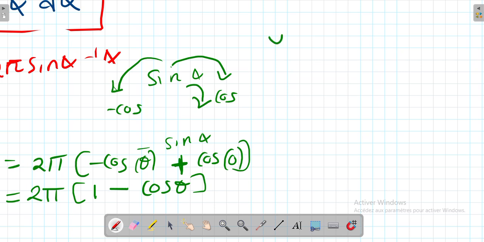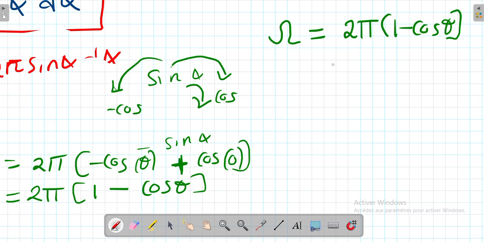So the solid angle on which you see a disk is generally given by 2 pi (1 minus cos theta). As simple as that. Then the elementary solid angle is given by 2 pi sine alpha d alpha.